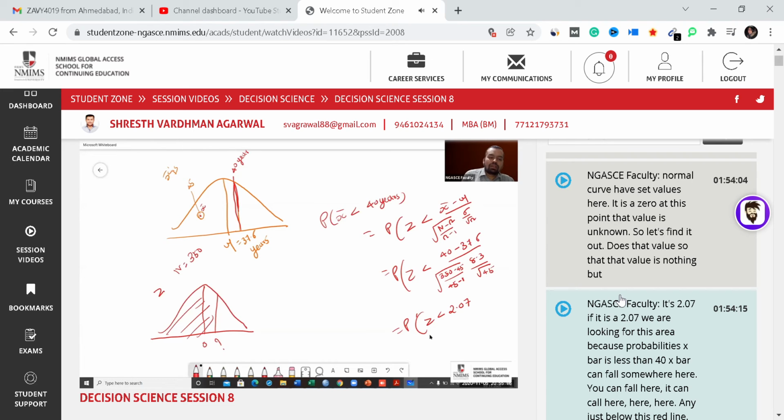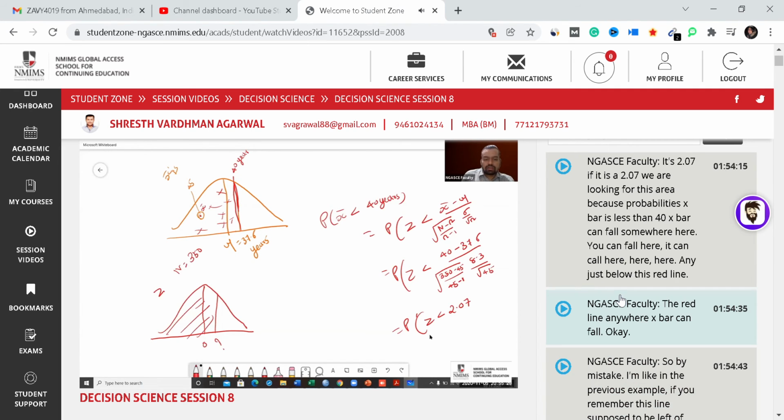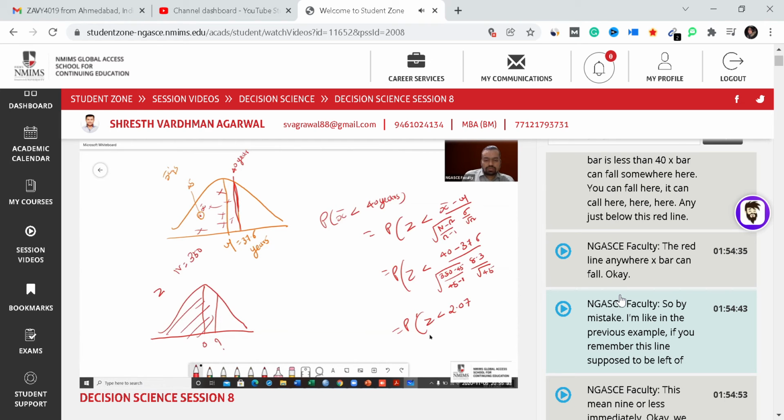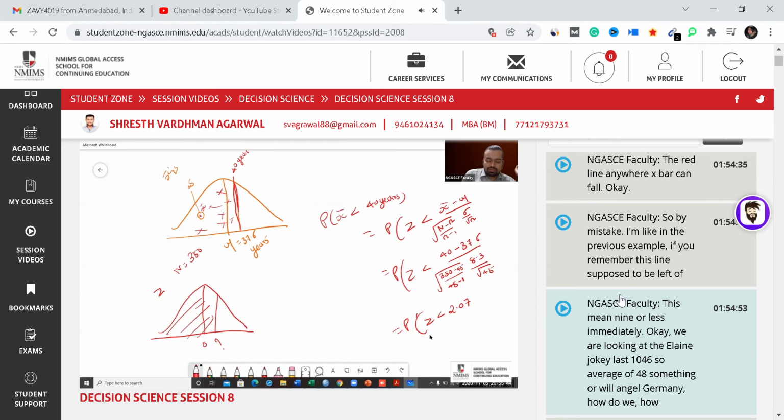X bar can fall somewhere here, here, here, anywhere just below this red line. By mistake, in the previous example, if you remember, this line was supposed to be left of this mean line, or let's say median line.